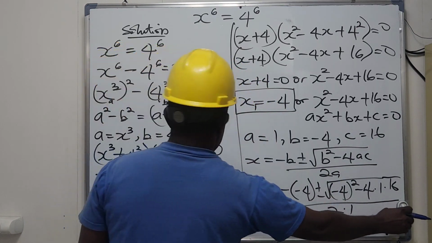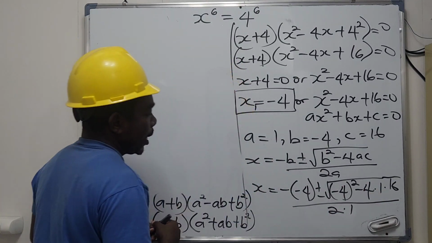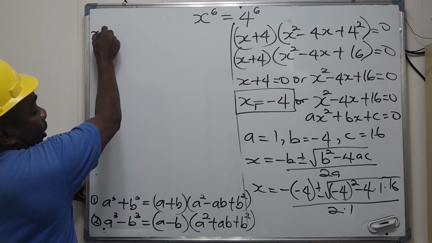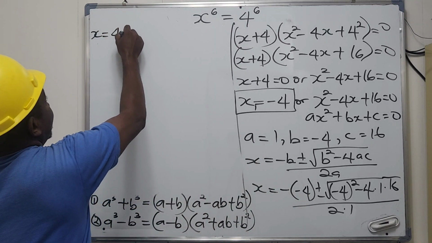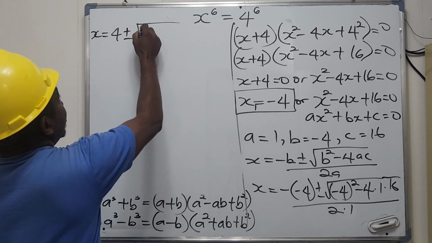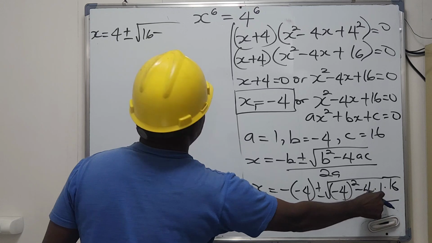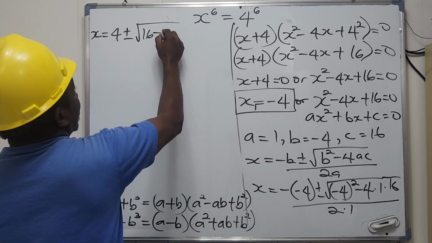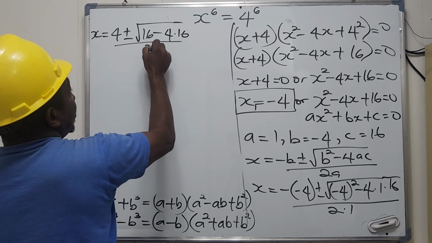So in that case, we are going to come over to this other side where we have x equals minus times minus 4 will give us 4. We have plus or minus square root of minus 4 to the power of 2 is 16. We have minus 4 times 1 times 16 will give us 4 times 16, all over 2 times 1.